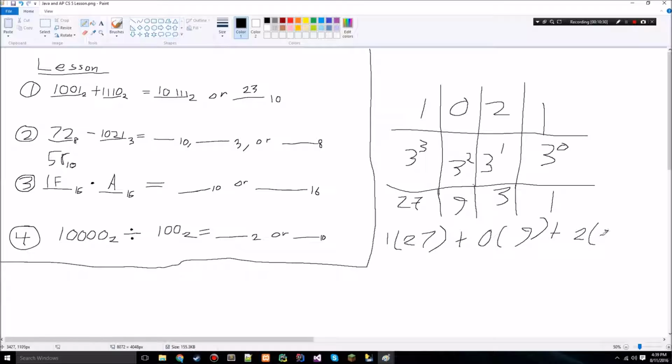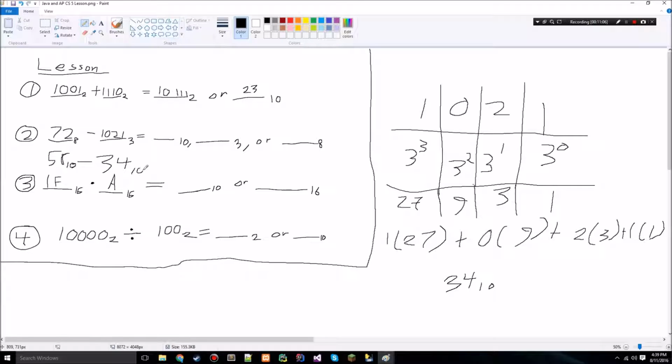You can see our number right here, 1021, and 27, 9, 3, and 1. So we add these: 27, and then 3 times 2 is 6, so 33 plus 1 gives us 34 base 10. Alright, so 34 base 10.